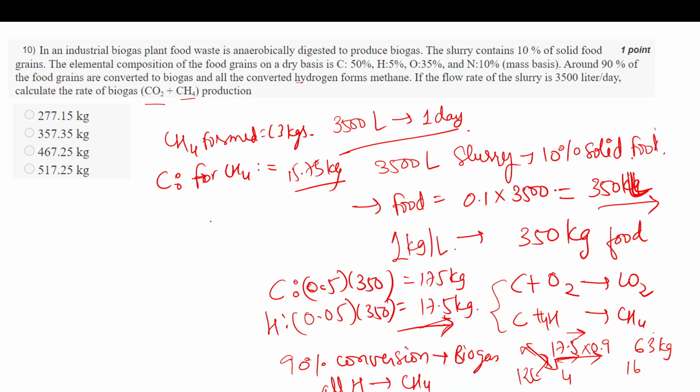Now the rest of the carbon which is utilized will be converted to carbon dioxide. Again the 90% conversion is given, which is applicable for both carbon and hydrogen. So 90% of this 175 is the conversion of carbon to biogas, which is 0.9 times 175, which is 157.5.